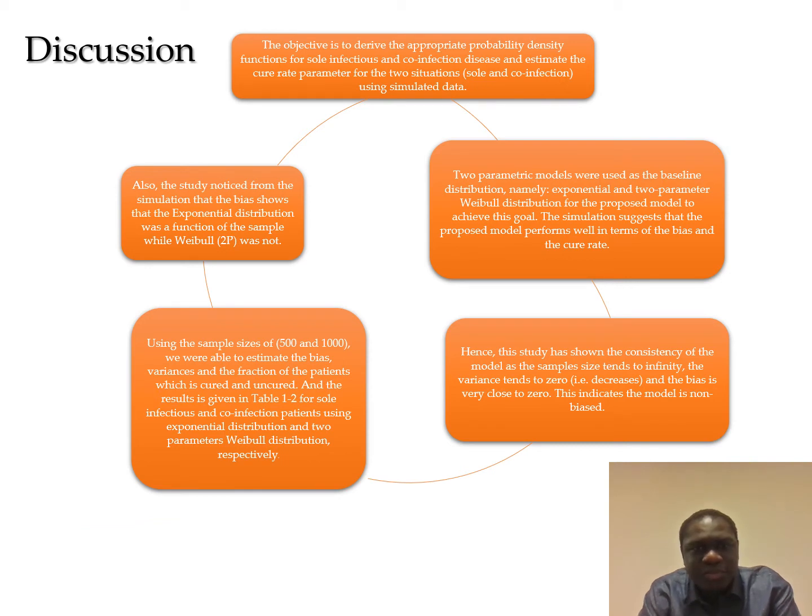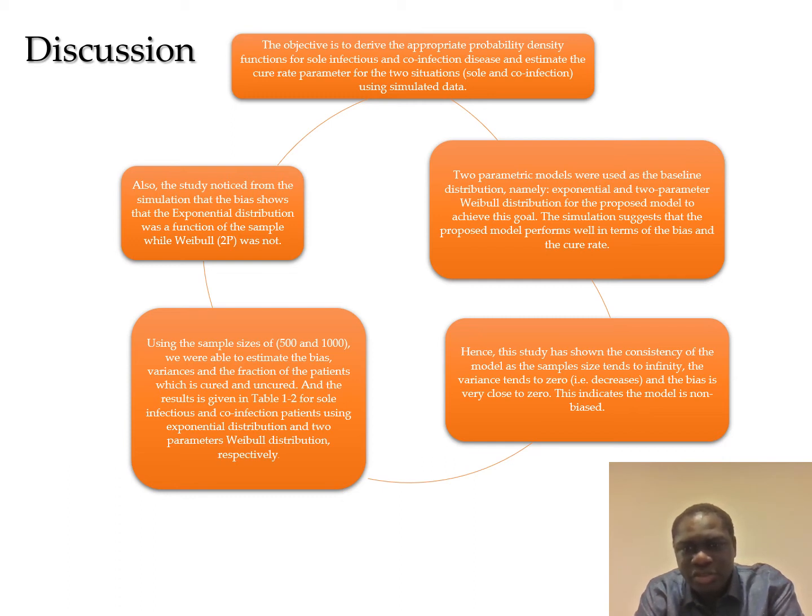Discussion. The objective is to derive the appropriate probability density function for sole infectious and co-infection disease, and estimate the cure parameter for the two situations, which is the sole and the co-infectious, using simulated data. Two parametric models were used as a baseline distribution, namely exponential and two-parameter Weibull distribution, for the proposed model to achieve this goal.